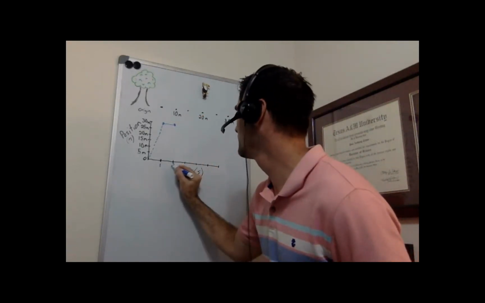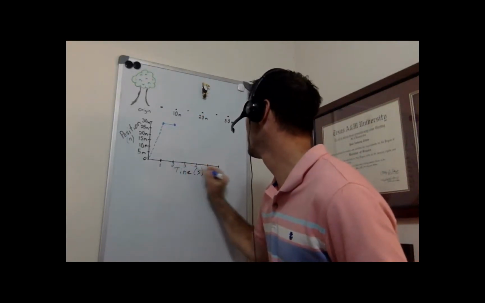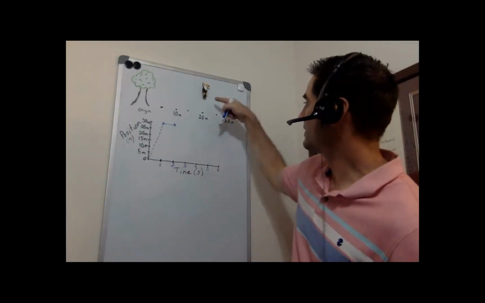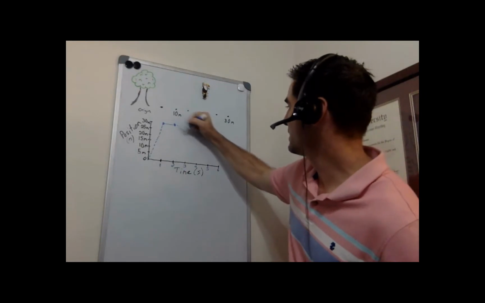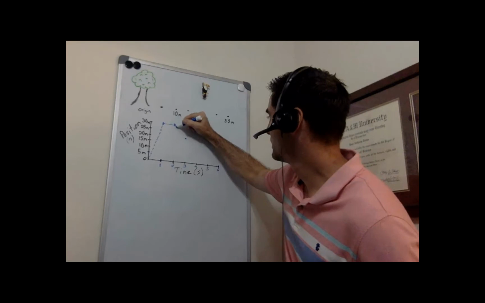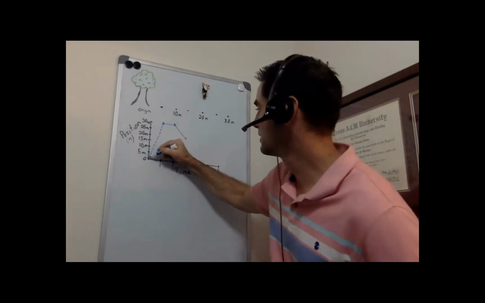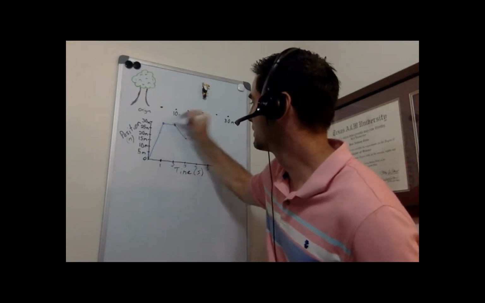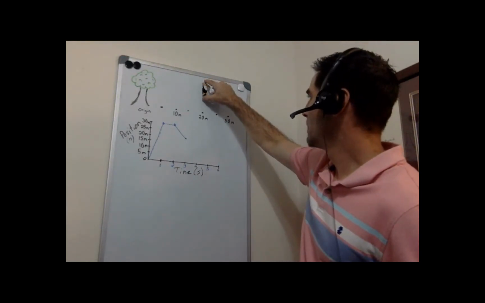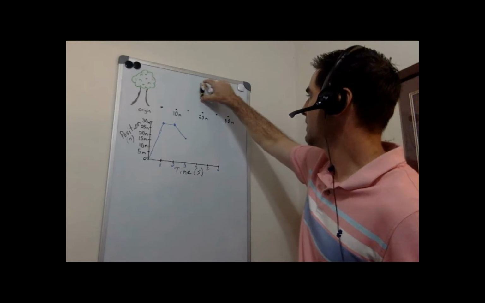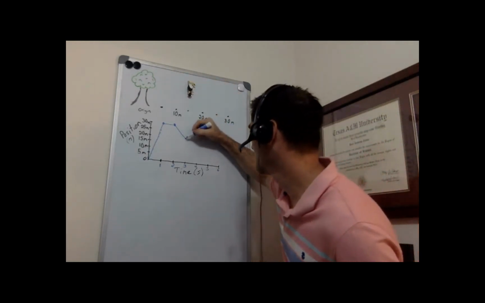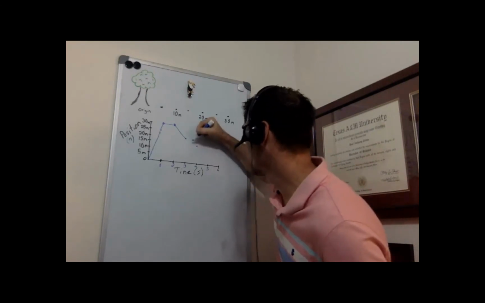So there's 2, 3, 4, 5, 6. Okay, so at 3 seconds, he was at 20 meters. Then, at second 4, he was at 15 meters. That's right there.